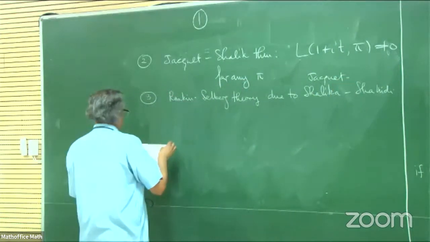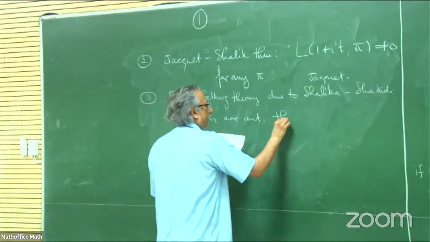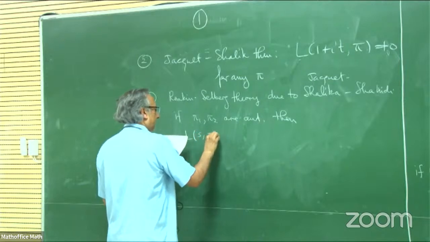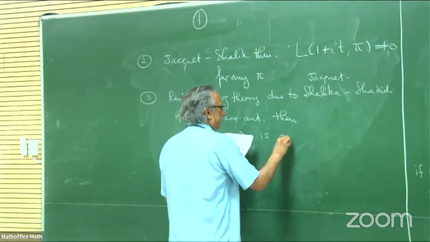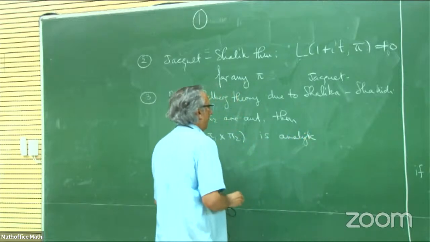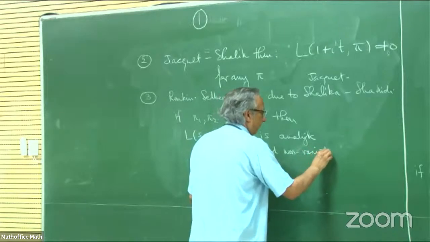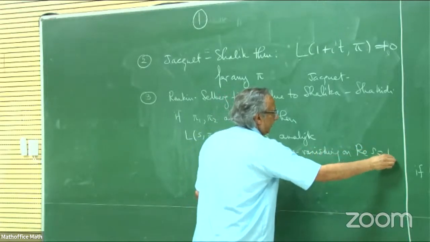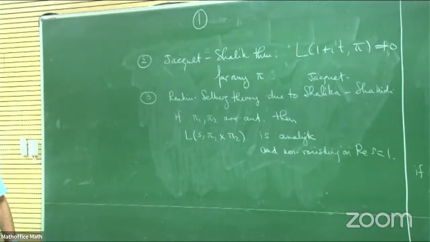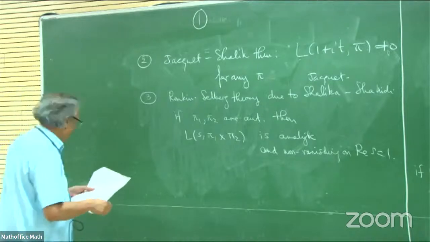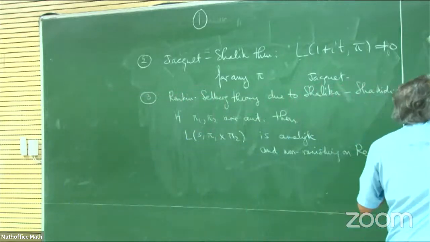Basically, that says if pi1, pi2 are automorphic, then L(s, pi1 tensor pi2) is analytic and non-vanishing on real part of s equals 1. So here, the assertion is not being made that it's automorphic, but only that it's analytic and non-vanishing, which is probably all that we need in our punchline. So we have this third ingredient, and now what we have is probably most of the setup.